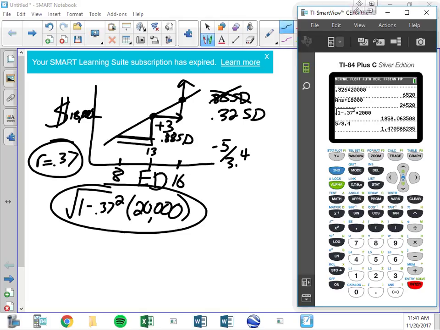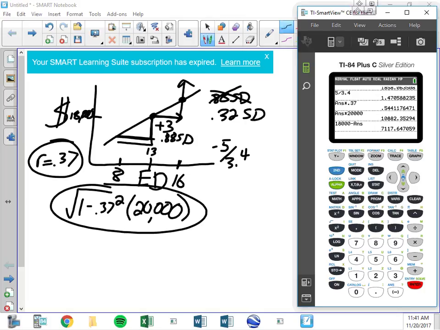We can only use 37% of that. So it's actually down half an SD. Multiply that by $20,000, and I get 10,882. I take my 18,000 and subtract that answer, and I would get $7,117. How much would we expect that to be off? The 18.6. That's the RMS error.